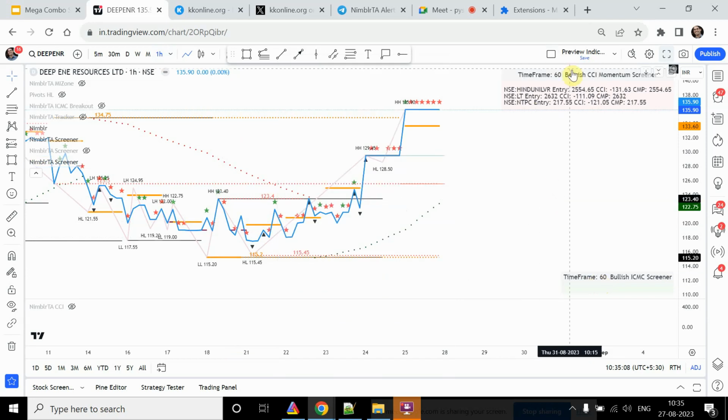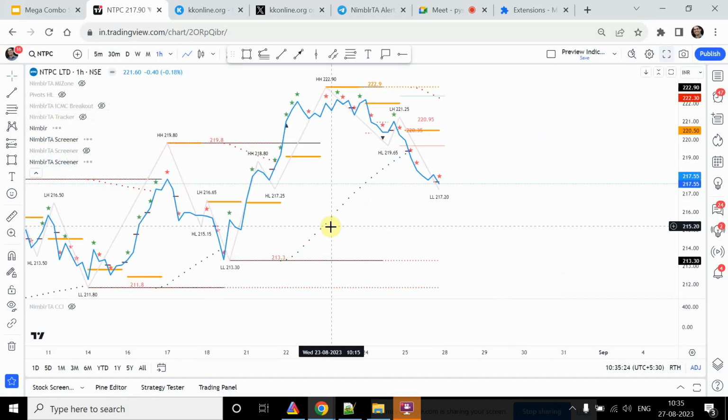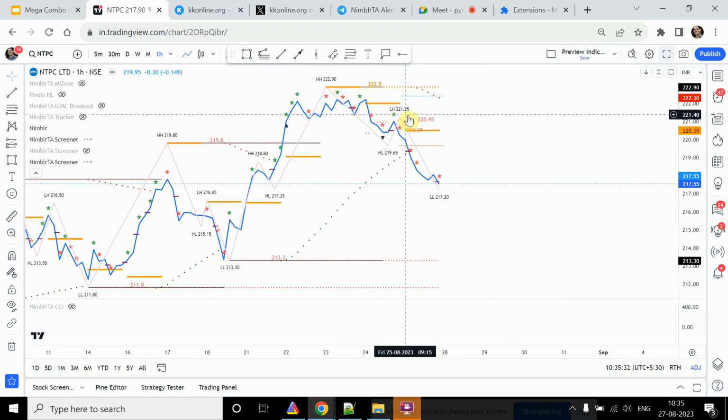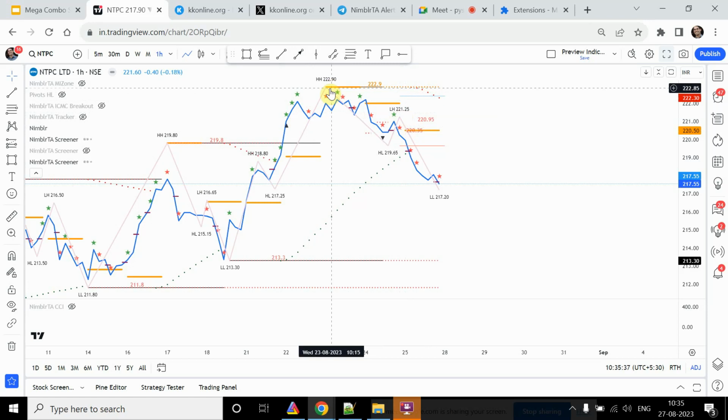But on the 60 minutes time frame, there are some stocks giving CCI momentum. I'm on an hourly time frame, and if I go to NTPC over here, we are able to see that it moved up, and then recent lower highs have been formed, at a value of 221, and it moved down continuously from the open of the day.